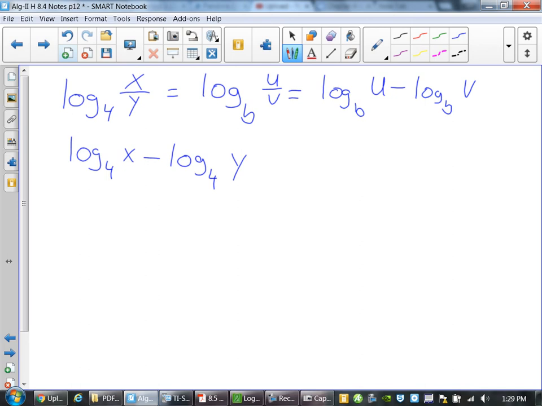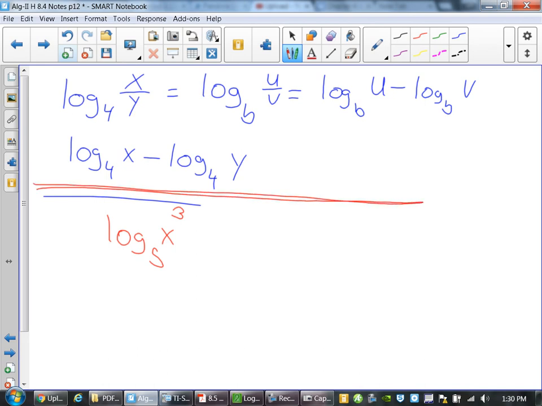Not too bad. The last one, I'll just put underneath here, is when you have exponents. If I have log base 5 of x cubed, whenever you have exponents, there's only 3 of them.